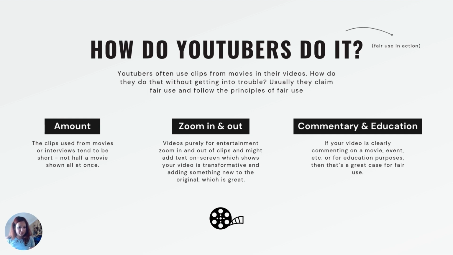The amount of the original video content, of interviews or part of the film, that goes in their video would be relatively small compared to them talking, for example, and providing a level of criticism, positive or negative, about that video material. For instance, zooming in and out, putting text over it, various effects, and providing commentary, changing the meaning, or educating is all fair use.